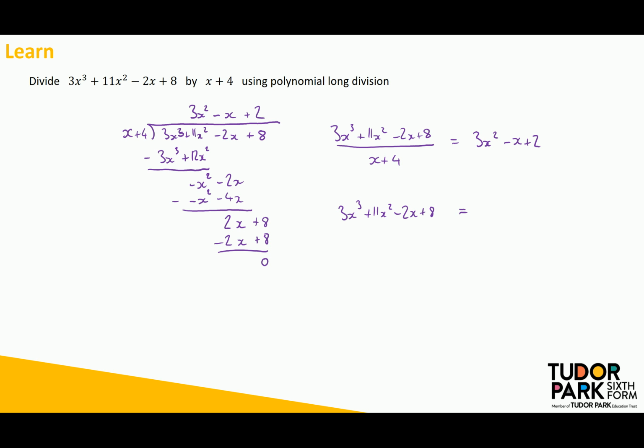Another way of stating this would simply be to say that 3x cubed plus 11x squared minus 2x plus 8 is equal to x plus 4 times by 3x squared minus x plus 2.